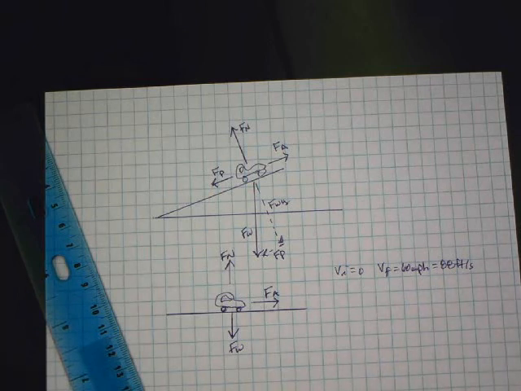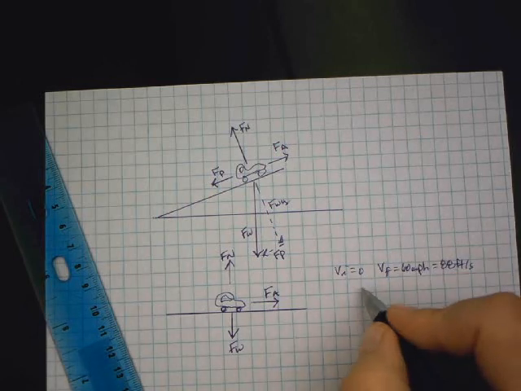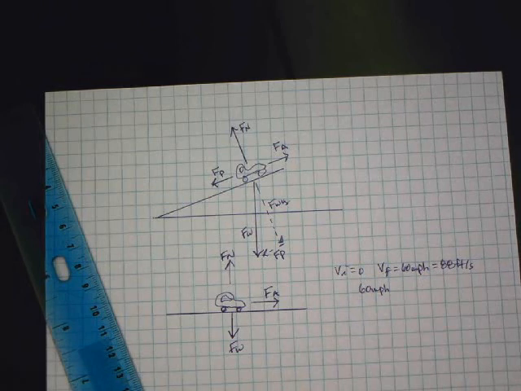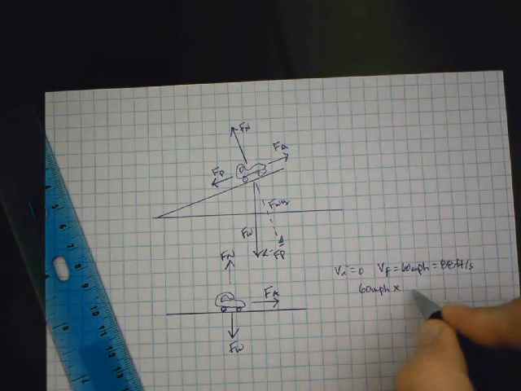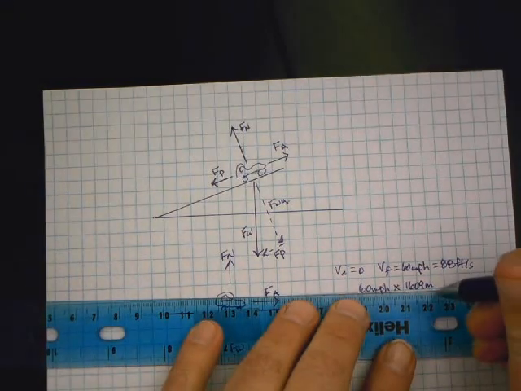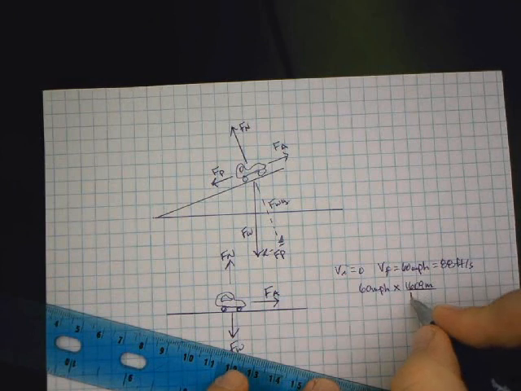But eventually I got to be in newtons. And so really what I needed to do was change the miles per hour into meters per second. Well, I can do that. There are 1,609 meters approximately per 1 mile.